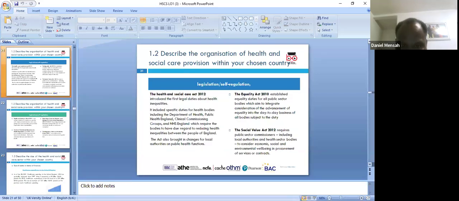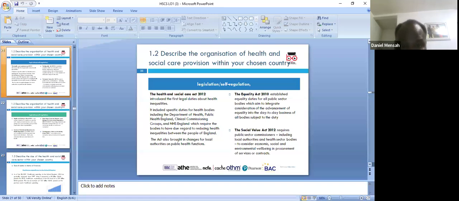Legislations and self-regulation. Obviously, we know the Health and Social Care Act 2012, okay, which was introduced to set the first legal duties about health and social care inequalities. It included specific duties for health bodies, including Public Health England, clinical commissioning groups, and NHS England, which require the bodies to have due regard to reducing health inequalities between the people of England.